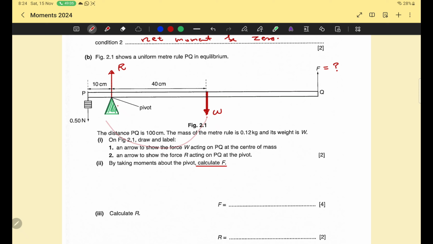I believe this is a clockwise moment. About the pivot, the weight is producing a clockwise moment, whereas this force is producing an anti-clockwise moment.